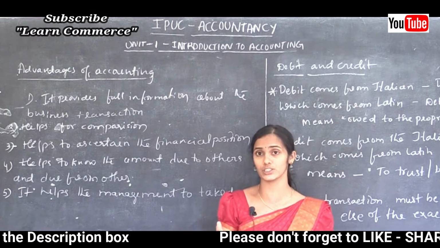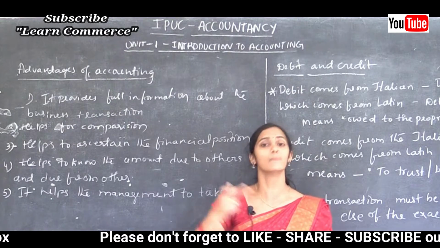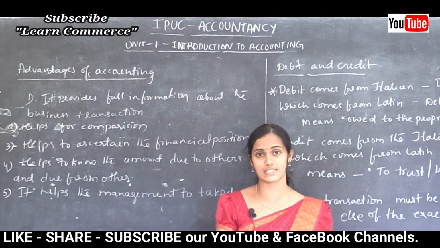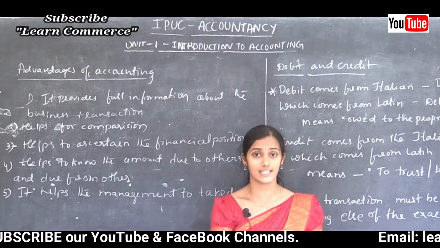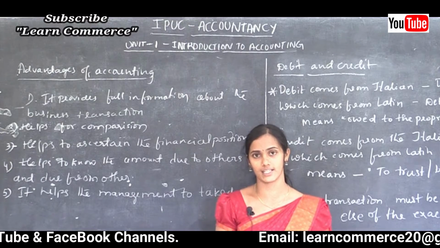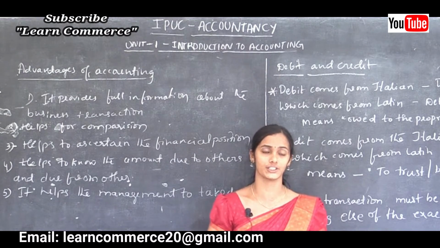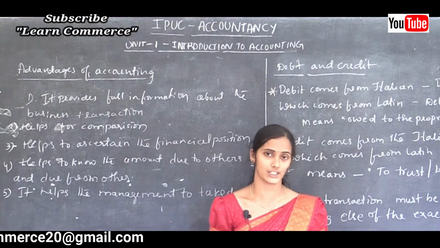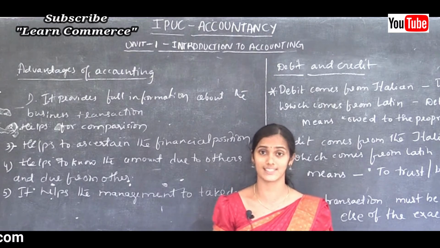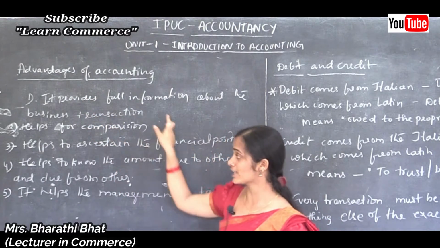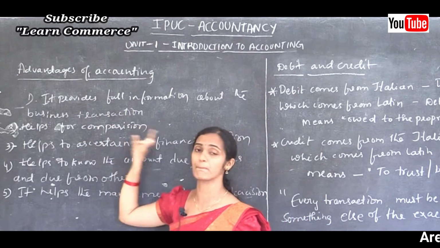That comparison is very important for improvement and for analysis purposes, and it is very necessary to each and every organization. This comparison may help the business organization to take any improvement decision or any better decision. So accounting also helps the management with comparison.